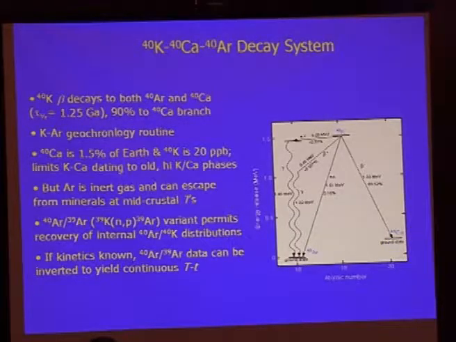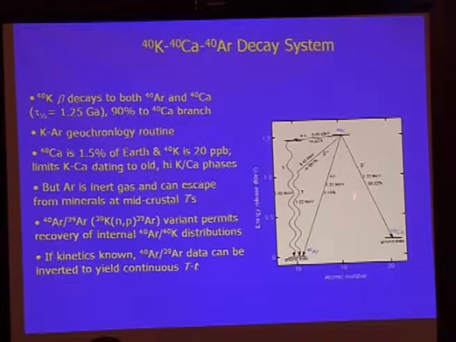Okay, let's get started here on the potassium, calcium, argon 40 decay system. Potassium 40, as a parent, decays to both. Calcium 40, in fact, notice that nearly 90% of all decays go to calcium 40. About 10%, by a variety of mechanisms, go to argon 40.